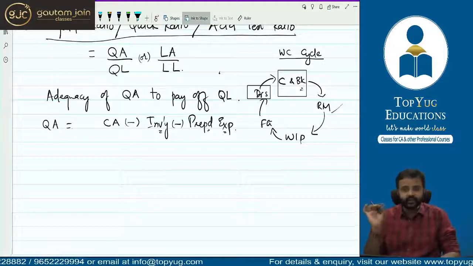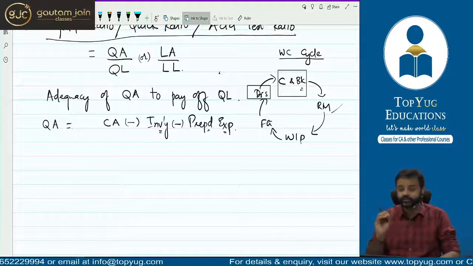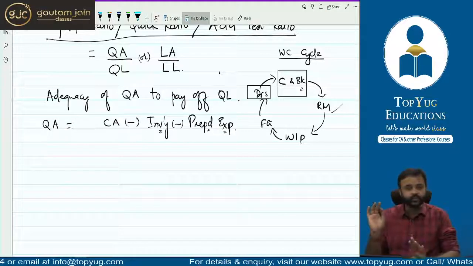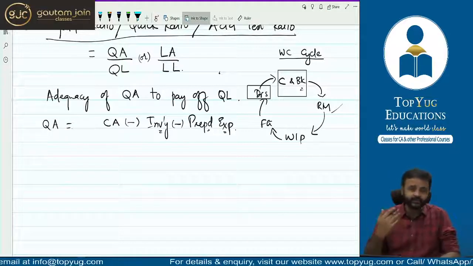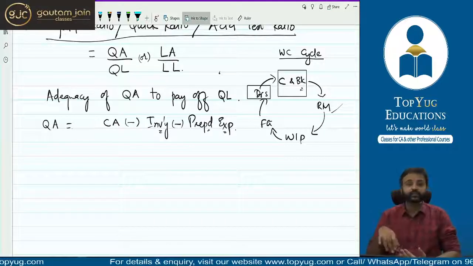So that is also easily convertible into cash. But this inventory, this stock of raw material, WIP and finished goods, is not a quick asset. In the same way, prepaid expense, you've paid some expense in advance and you'll get the benefit, but you cannot say that you'll get cash, so we deduct that as well.